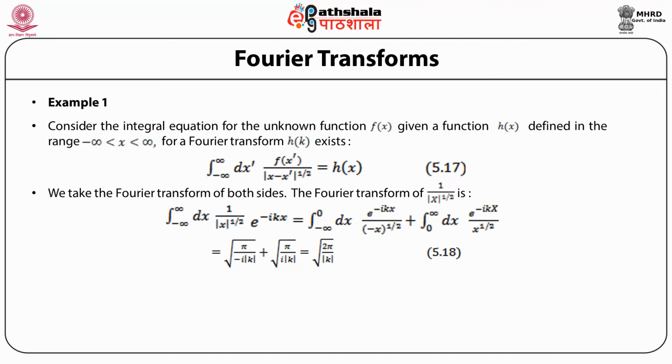Now these integrals can be easily evaluated, and we have the first integral as square root of pi by minus i mod k, plus the second integral, square root of pi by i times mod k, which is equal to square root of 2 pi by mod k.